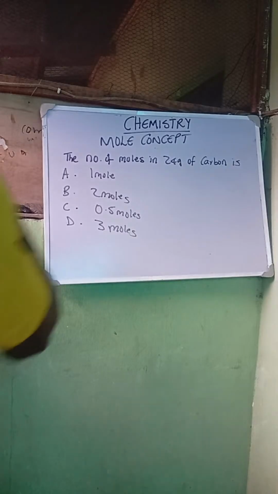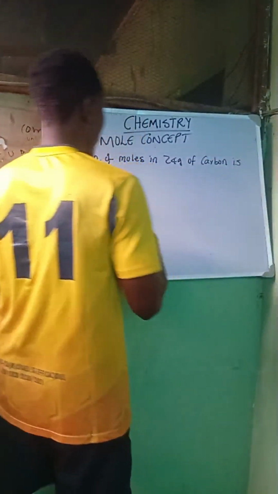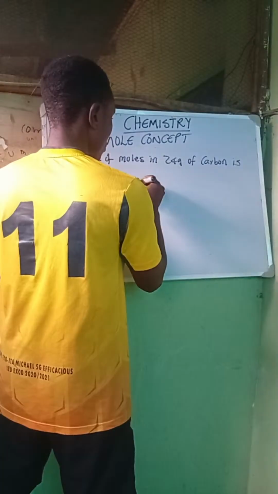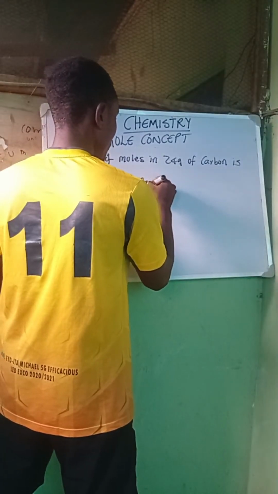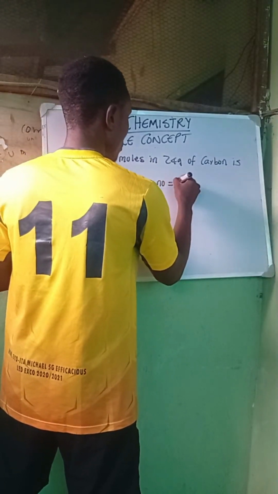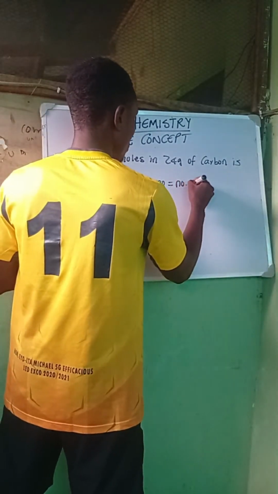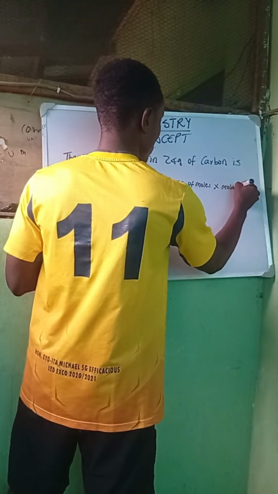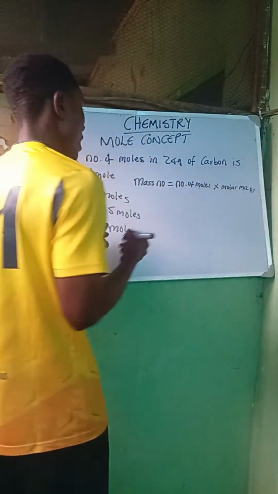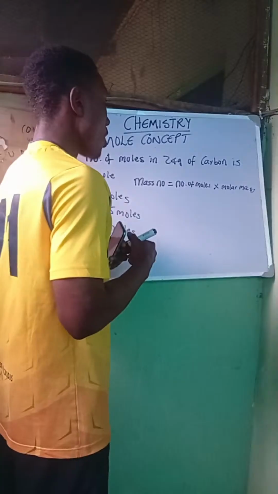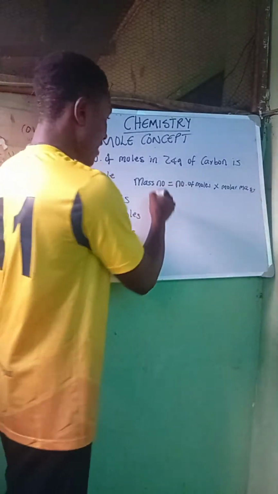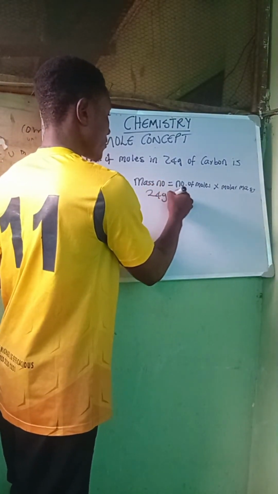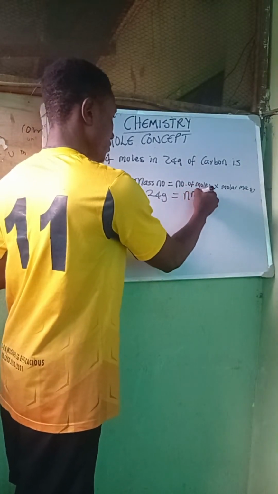The number of moles in 24 grams of carbon. We have mass number equals number of moles times molar mass. What is the mass number that has been given? 24 grams. Number of moles unknown.